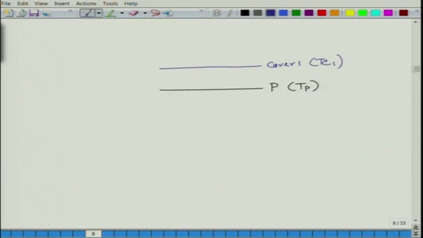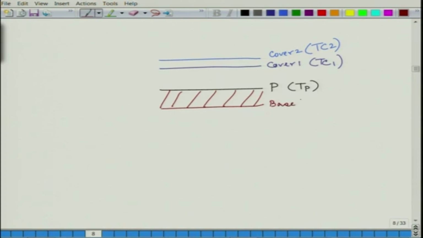The cover 1 temperature is Tc1, and we can have another layer of cover, cover 2, which is maintained at Tc2. Okay. At the bottom we have this insulated layer, and this is the base of the flat plate collector, and the temperature there we can say is Tb, the base temperature.